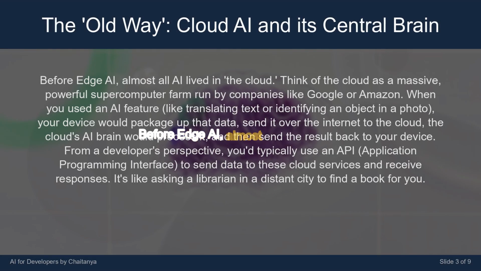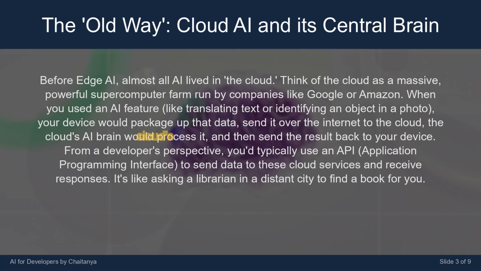Before Edge AI, almost all AI lived in the cloud. Think of the cloud as a massive, powerful supercomputer farm run by companies like Google or Amazon. When you used an AI feature, like translating text or identifying an object in a photo, your device would package up that data and send it over the internet to the cloud.